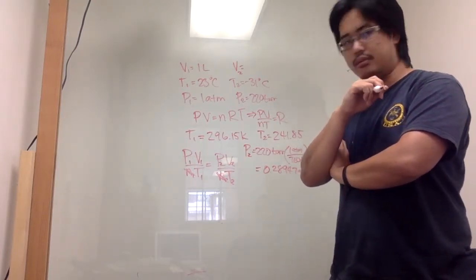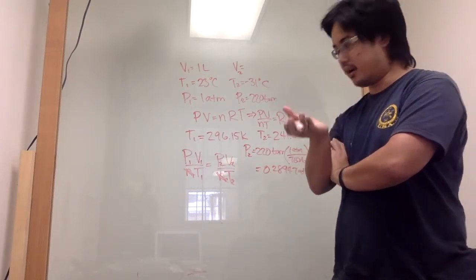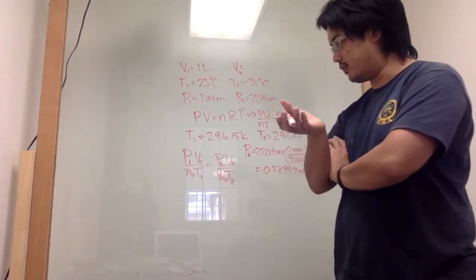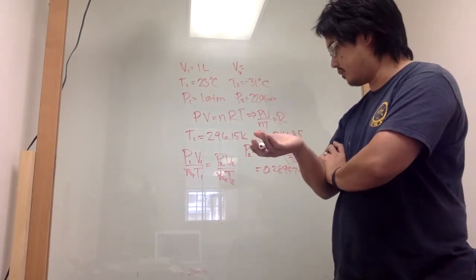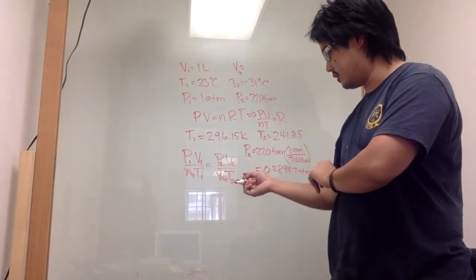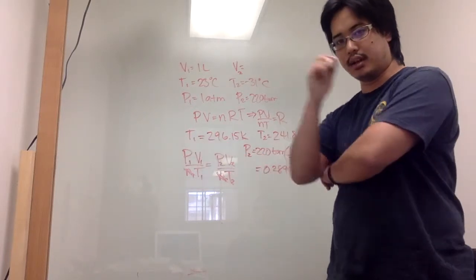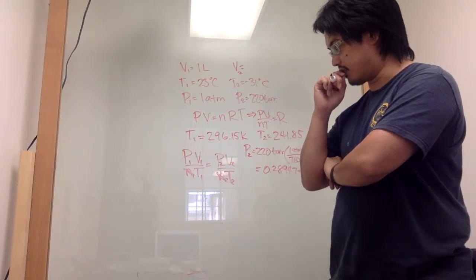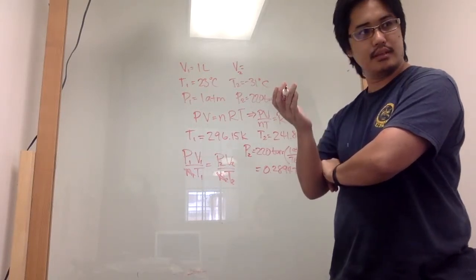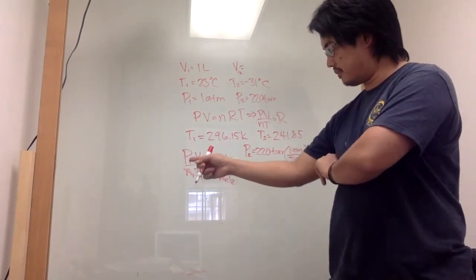We need to solve for V2, right? So on my board, I have P1 V1 over T1 equals P2 V2 over T2. And I want to solve for V2. That's pretty simple. All I got to do is multiply up this T2 onto the left side, and divide out the P2 onto the left side. Does that make sense? This guy goes up, this guy goes down.